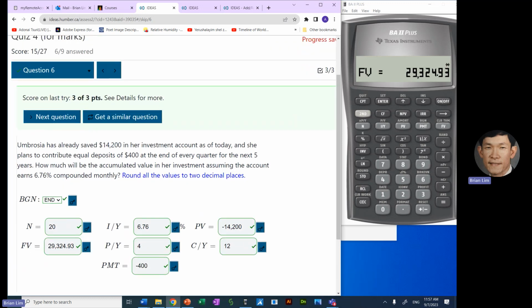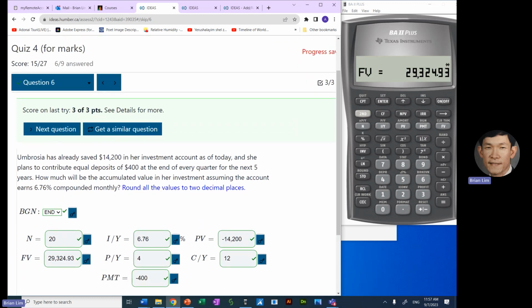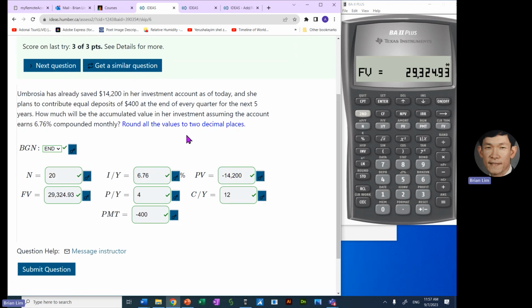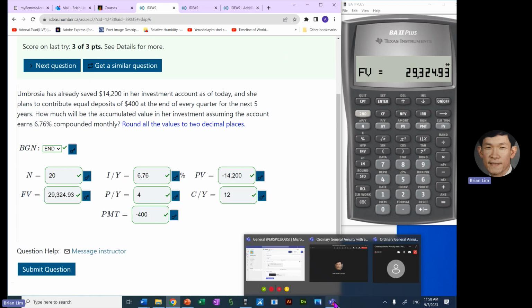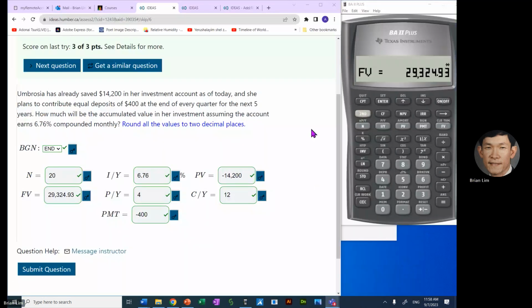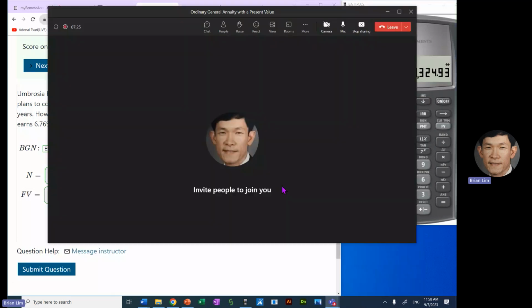All right, so please make a note of that in these questions where there is a present value and the payments are being made, then the payment and the present value must have the same sign, positive or negative. And that brings us to the end of another episode in annuities.